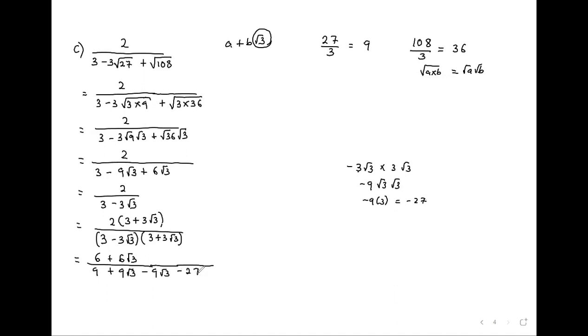So we have 6 plus 6 root 3 over 9 minus 27. 6 over negative 18 plus 6 root 3 over negative 18, which is negative 1 over 3 minus root 3 over 3.